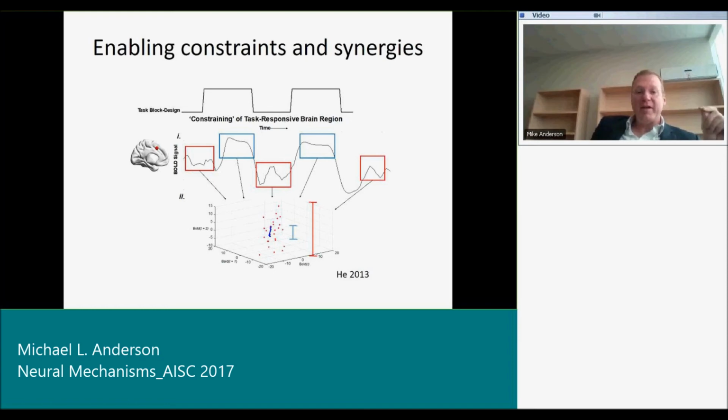This kind of finding suggests that when a person enters into a particular task, one of the things that happens is their brain forms or becomes a kind of synergy and occupies a very small region of a functional space, which is what allows the possibility for concerted effort or concerted attention to or concerted performance of a particular task.